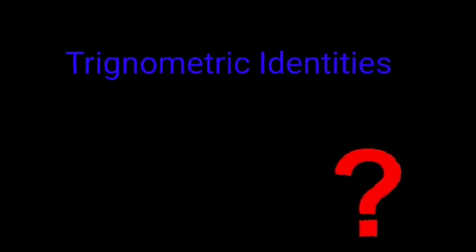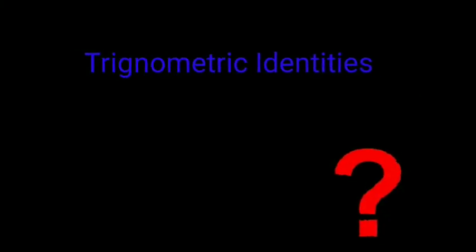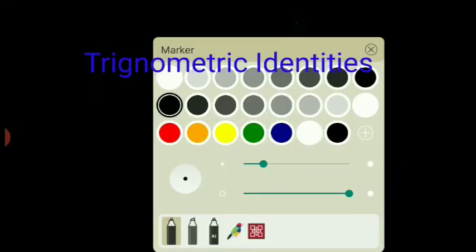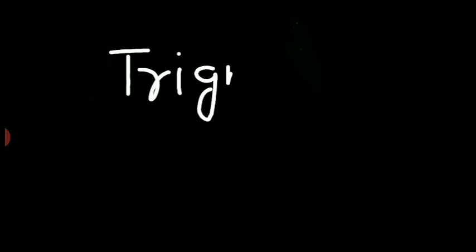Okay students, so now we will talk about trigonometric identities. It means how we will prove the trigonometric identities. We already discussed what trigonometry is, so now we will go through the trigonometric identities.